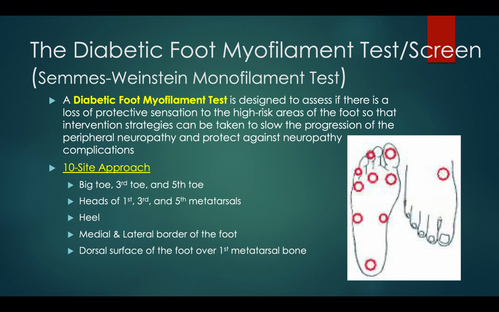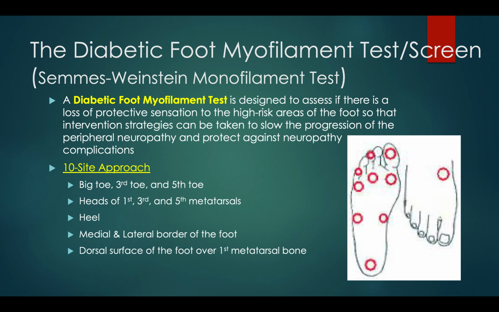Which leads us to the diabetic foot monofilament test, or screen, again, for any kind of loss of protective sensation. Now, there are different types or protocols of monofilament tests, but they are designed to assess if there is a loss of protective sensation, specifically in the high-risk areas of the foot.